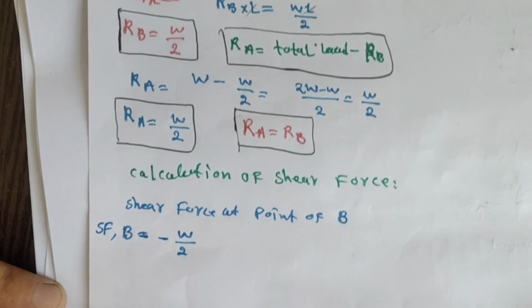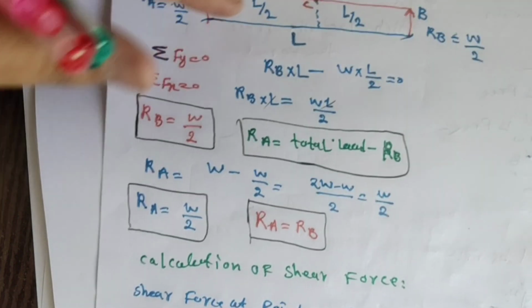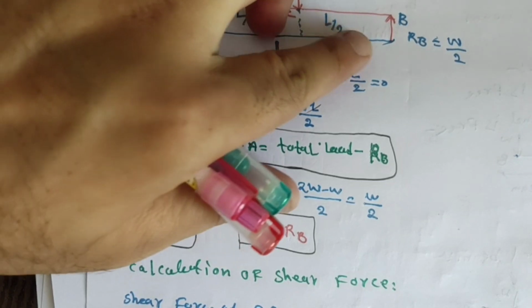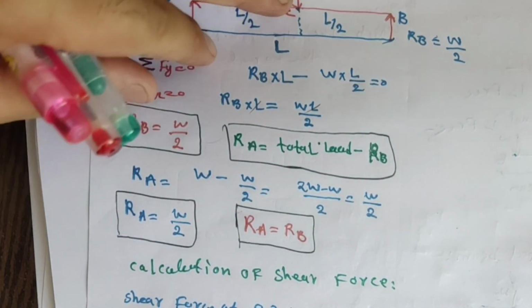We should keep it negative. Between B and C there is no load, so the shear force is only minus W by 2.